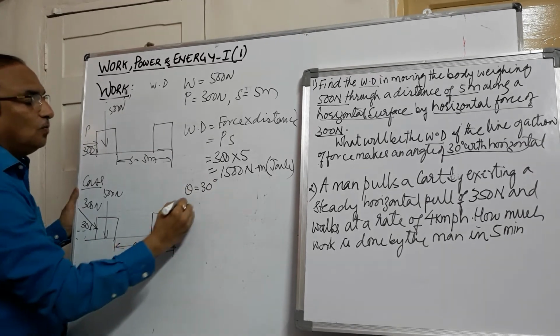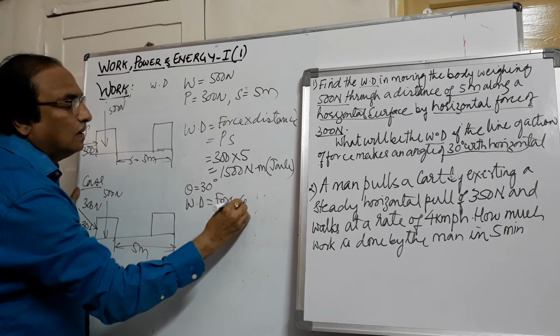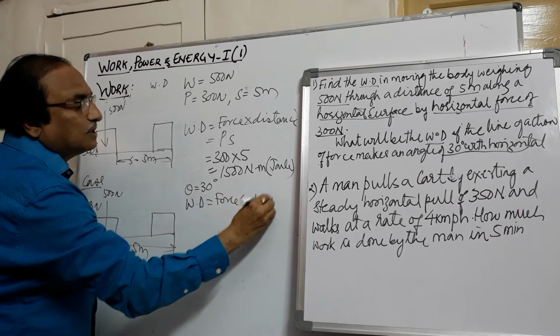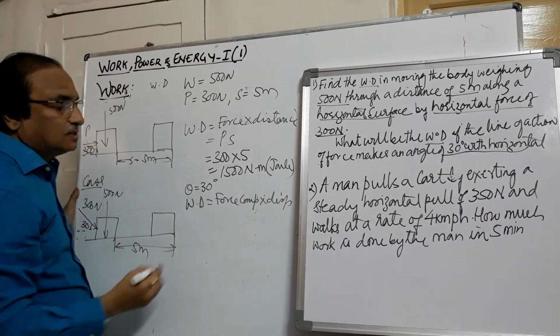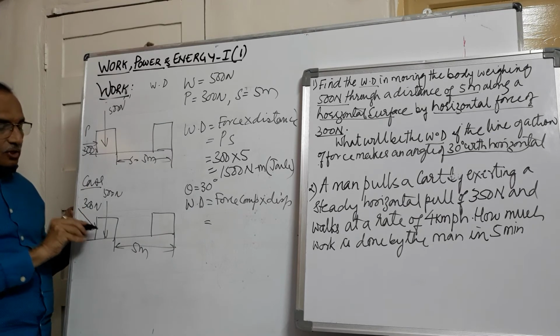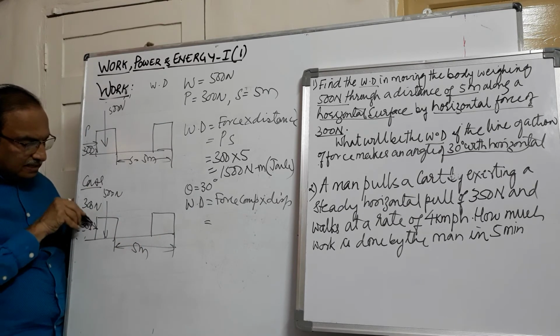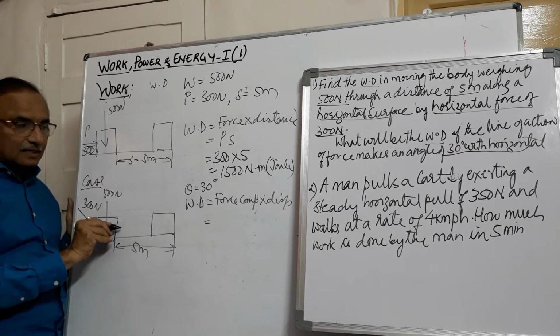So we know work done is equal to force component into displacement or distance. What is the force component in the horizontal direction, because displacement is in the horizontal direction? If I resolve it horizontally, it is along the angle and acting towards the right.